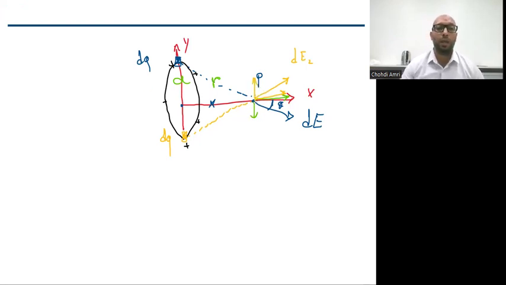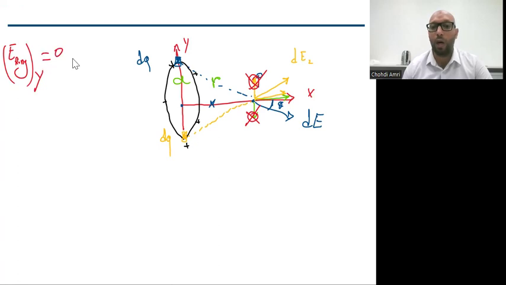We can see here that we have an x component, a y component upward, and a y component downward. The y components cancel each other in the total electric field. So we write E, the y component for the ring, equals 0. Why? Due to the symmetry of the problem.